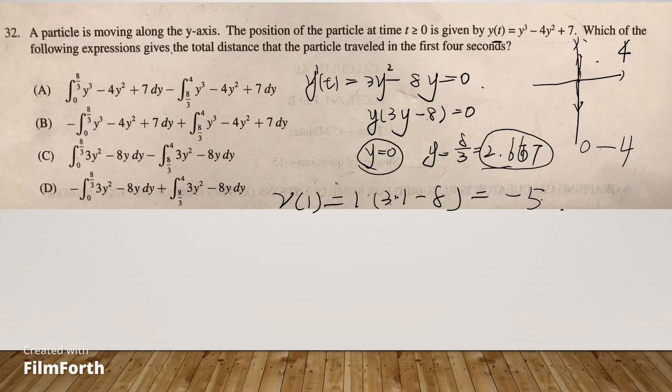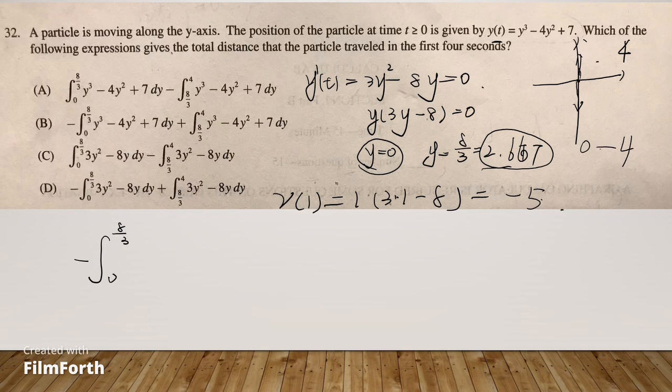Okay, so now we have the expression: negative integral from 0 to 8/3, because that part of the area is negative, so we add a negative in front of it.